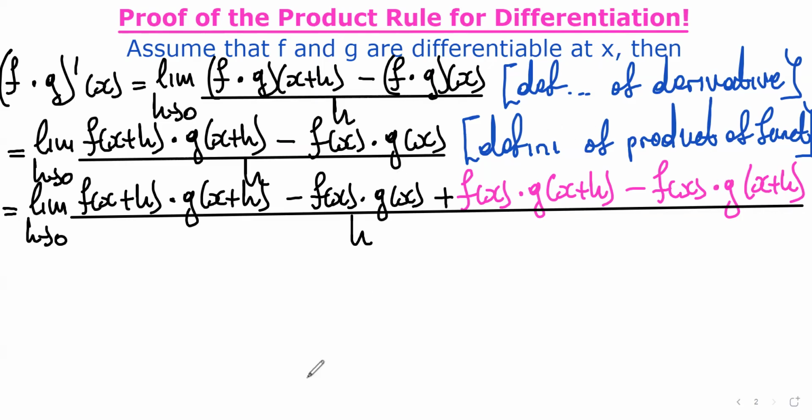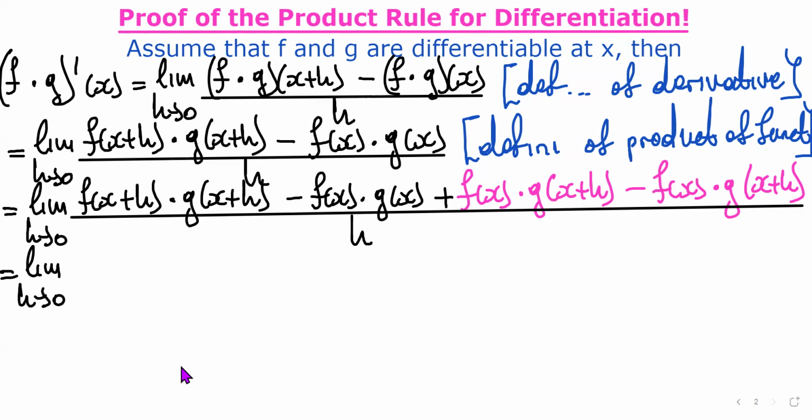Okay. Now we move. So what are we going to do next here? Well, remember, our aim is to achieve the definition of the derivative, okay? So what we are going to do here is just to group these terms so that we have the form of that definition.